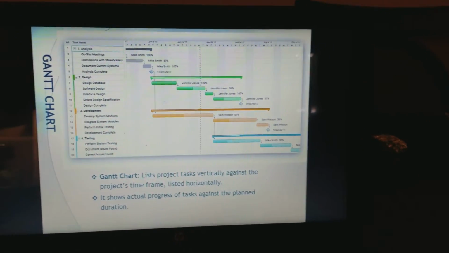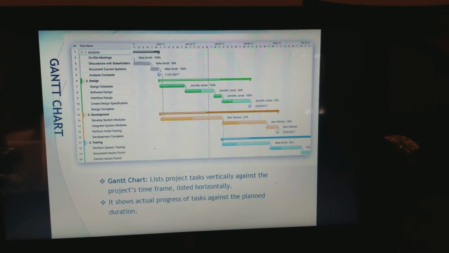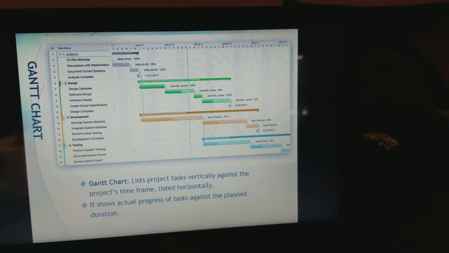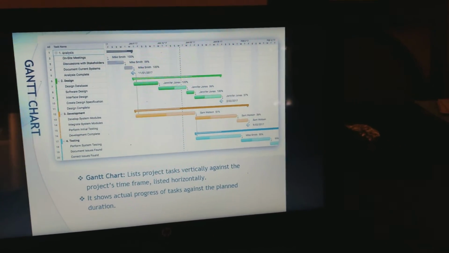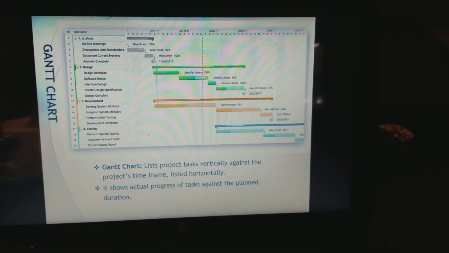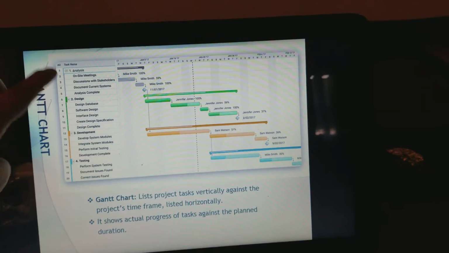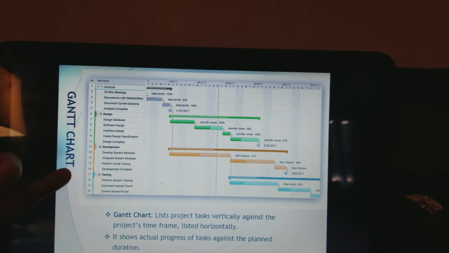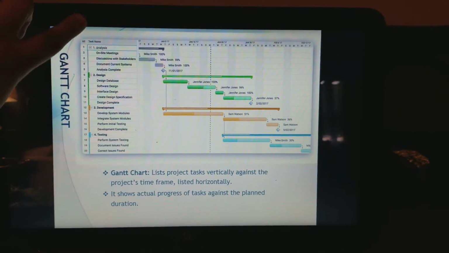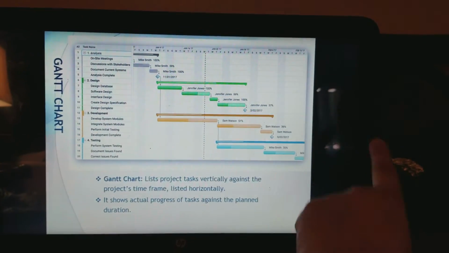When you plan something, you determine the project scope and secure the project sponsorship. So it's mostly of the scope nature, and then it comes with the analysis, the design, the development, and the testing, which is the final one. So here's the list, and then here it goes one by one.